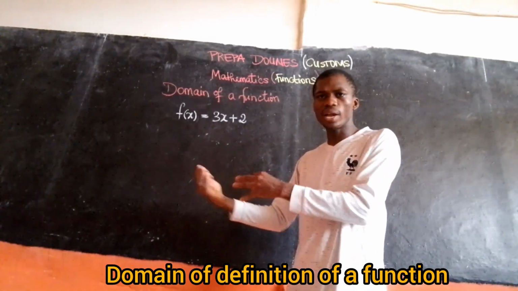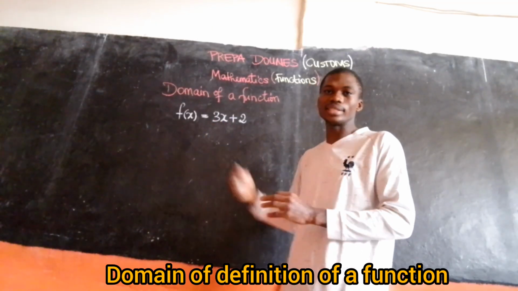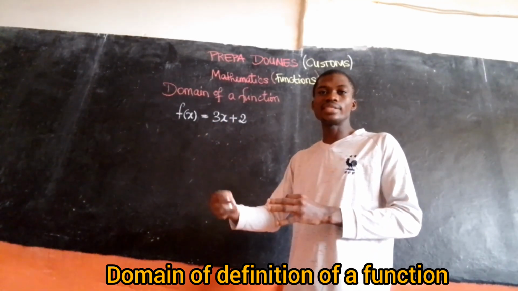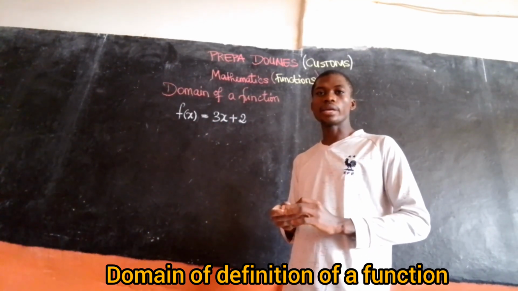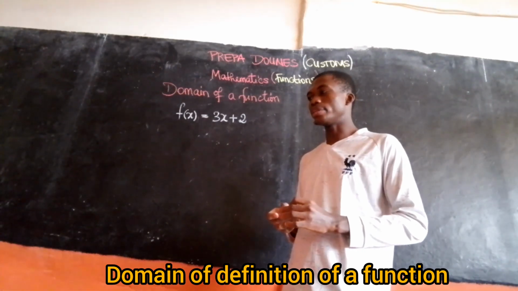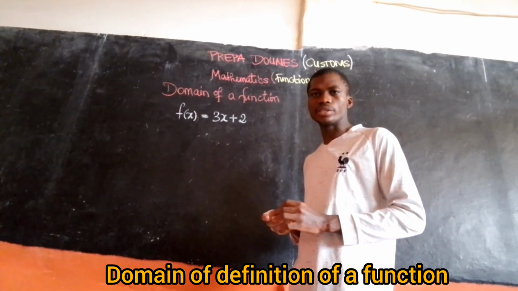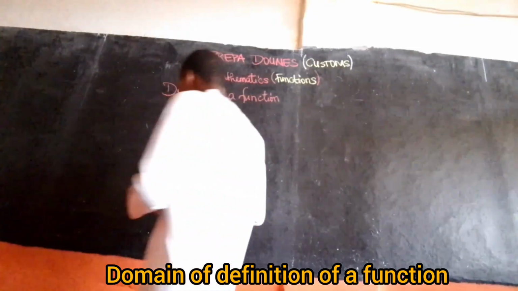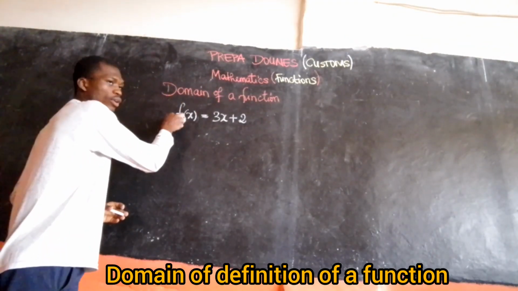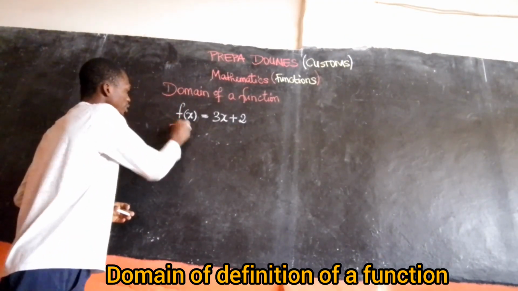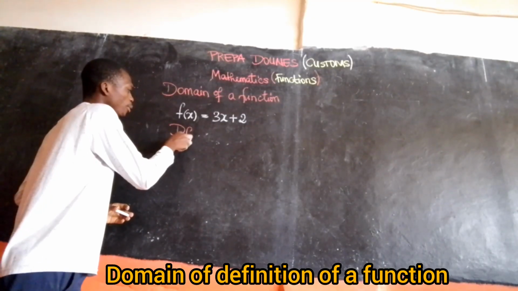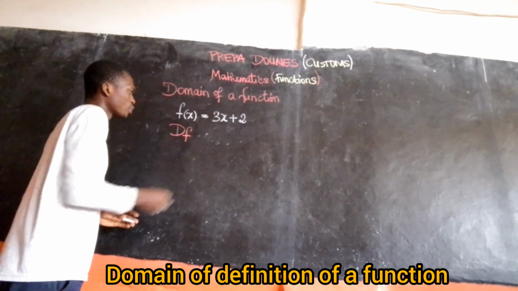What are the various values of x for which this function exists? The set of those values gives me the domain of definition of the function f of x. This is how we denote the domain of the function. The function f, the domain is Df, the domain of f.